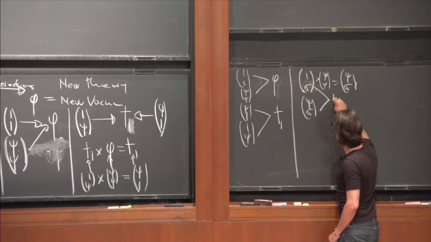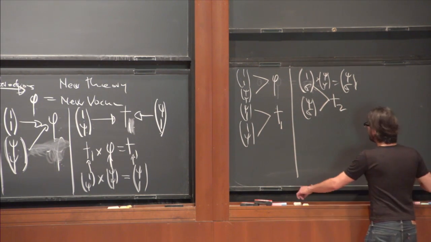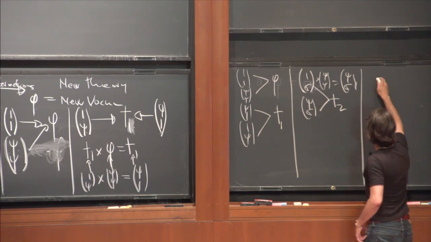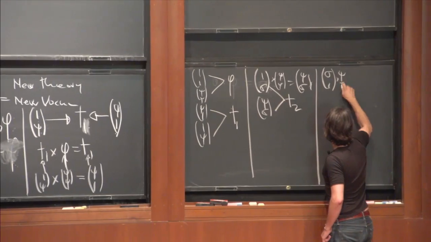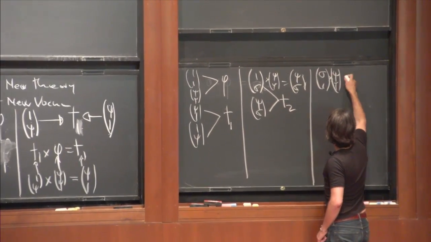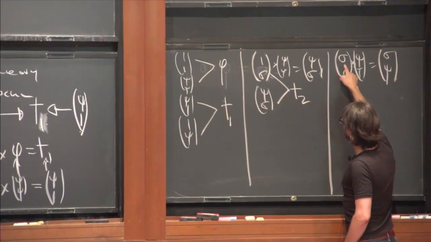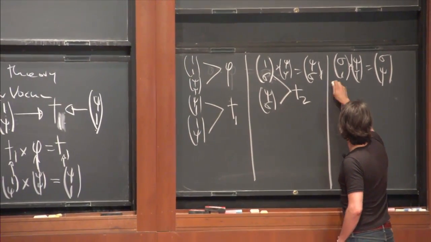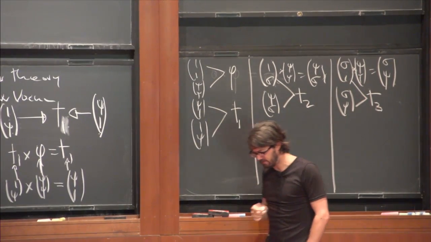They're identified, so call this T2. Obviously, sigma 1 times psi psi, which is part of the new vacuum, gives me sigma psi. So sigma 1 and sigma psi must go into the same particle, call it T3.